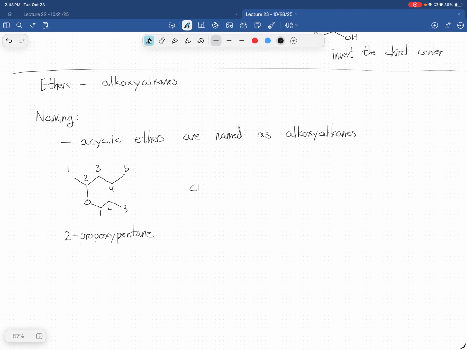Sometimes you can have 2 oxygen groups in the same chain. So for example, let's use this example.